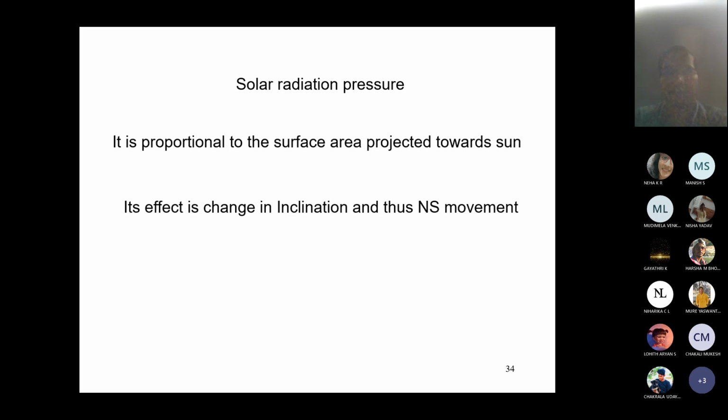Another effect is called the solar radiation pressure. It is proportional to the surface area projected towards the sun.